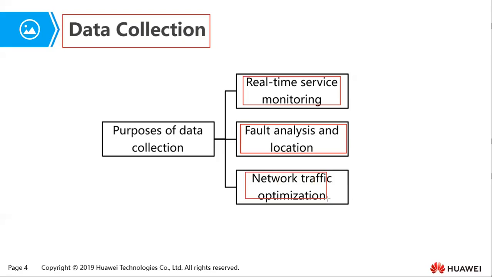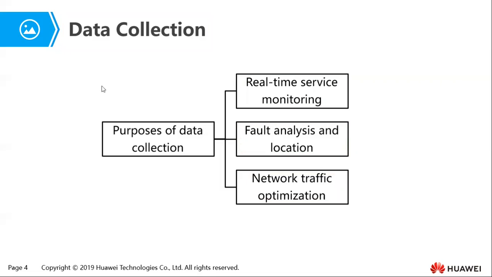Also for network traffic optimization. We can know where there is congestion in your network because you can collect certain parameters that will show you how much is being actually used on a particular port, for example. So it can also be used for network traffic optimization.